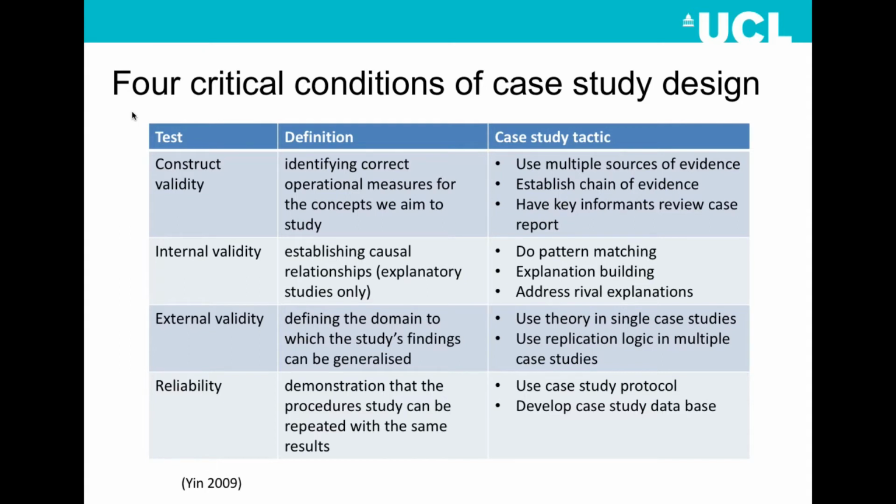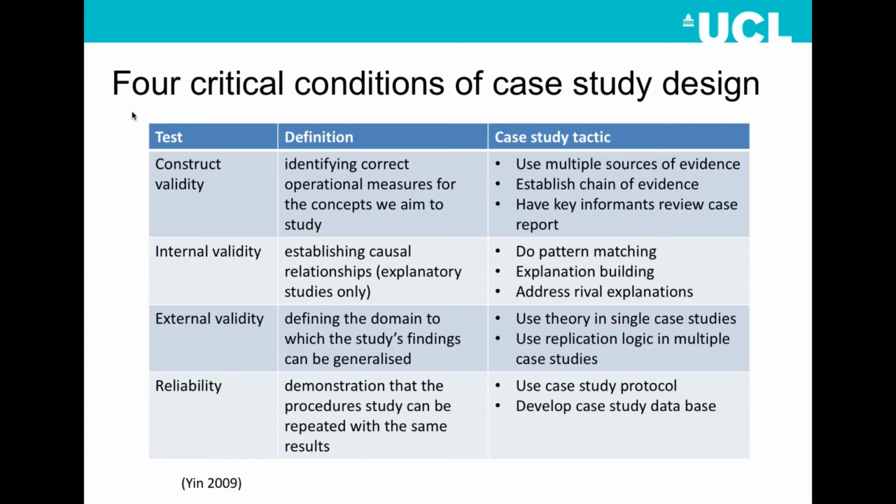The second aspect is the internal validity. According to this item, we need to check if we are establishing the causal relationship. This will apply to explanatory studies only.